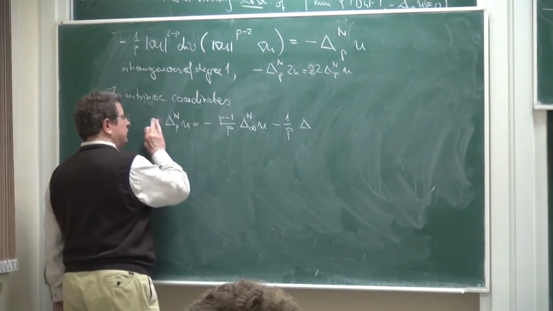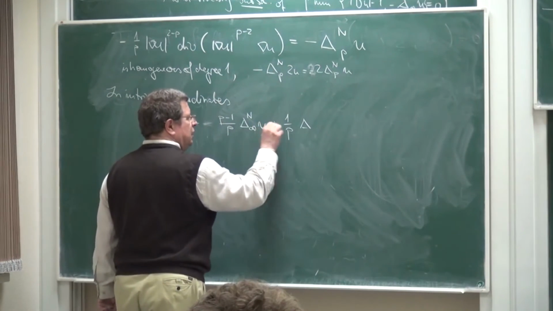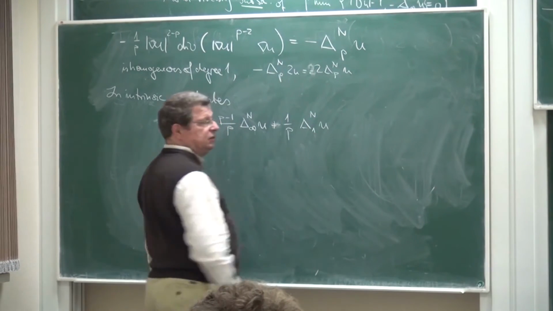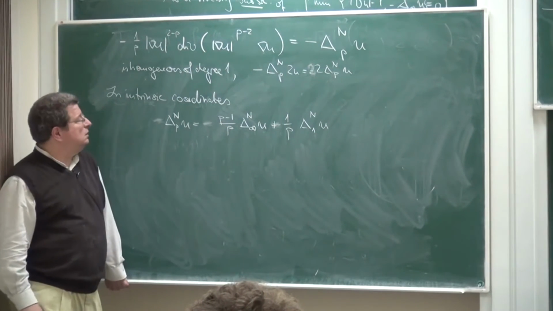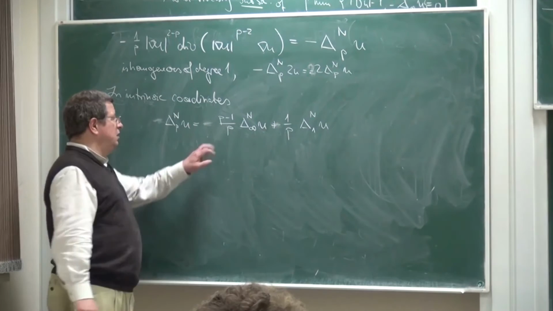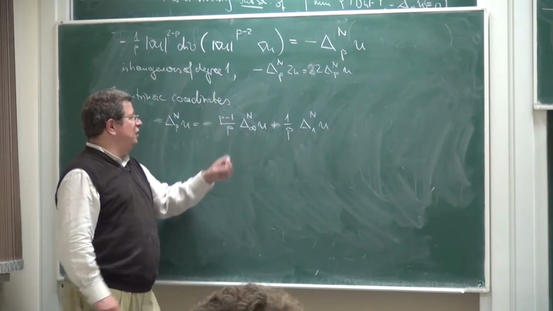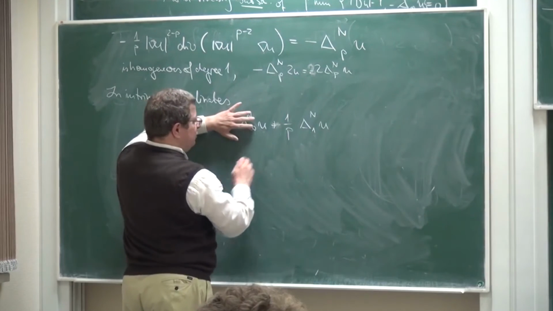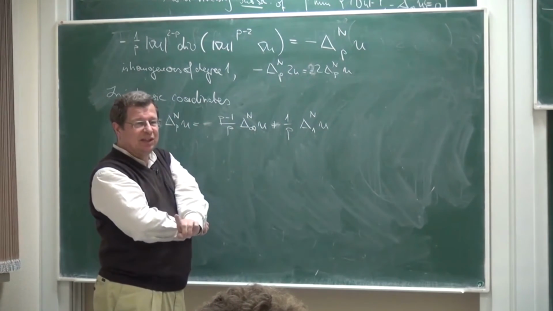Well, let me leave out the minus sign. When p goes to infinity, it becomes the normalized infinity Laplacian. When p goes to 1, it becomes the normalized 1 Laplacian.